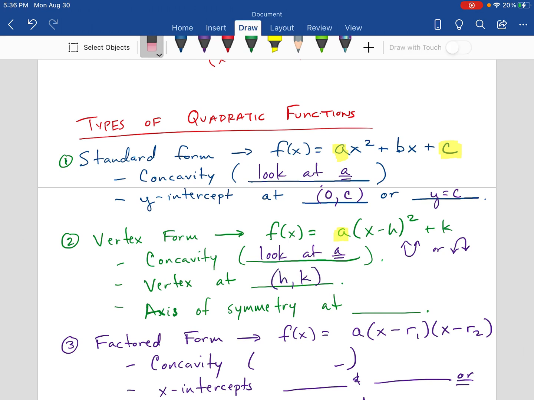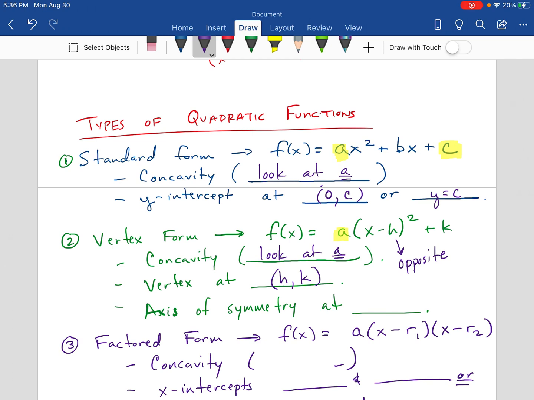Now this is a coordinate. The only thing that you have to remember with this coordinate is that at the h point, when you are writing the coordinate, it is the opposite of whatever that is. That doesn't apply to k, it only applies to h because it's inside the parentheses.